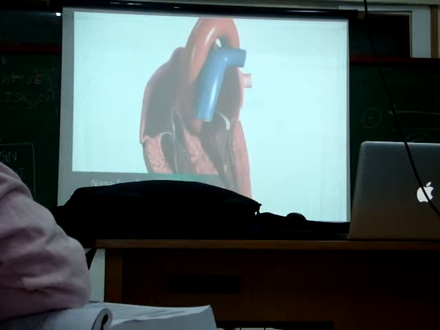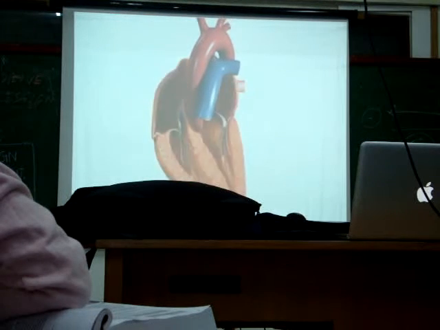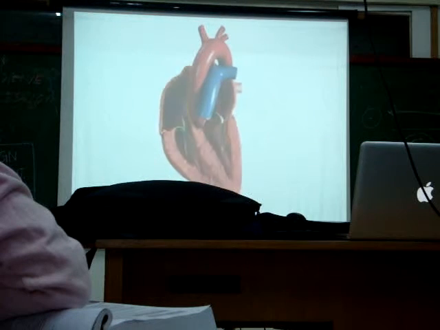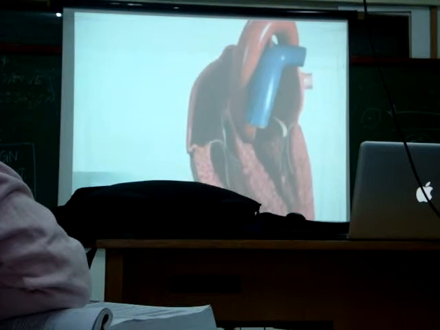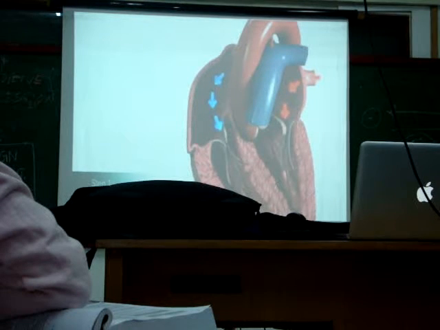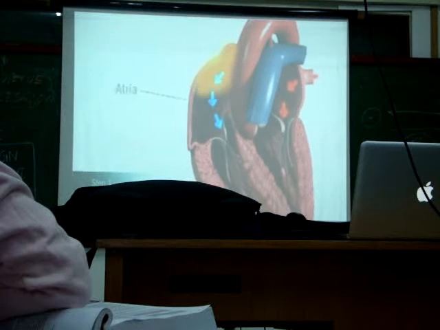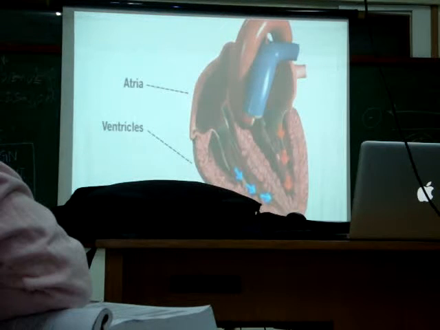is called normal sinus rhythm. The heart's pumping action is driven by electrical stimulation within the heart muscle. The heart's electrical system allows it to beat in an organized, synchronized pattern. Every normal heartbeat has 4 steps. Step 1. As blood flows into the heart, an electrical impulse from an upper area of the right atrium, also known as the sinus node, causes the atria to contract. When the atria contract, they squeeze the blood into the ventricles. Step 3. There is a very short pause, only about a fraction of a second. And step 4.